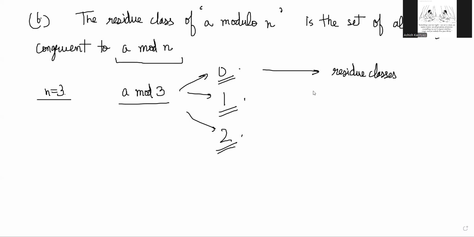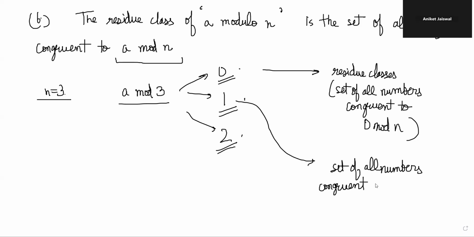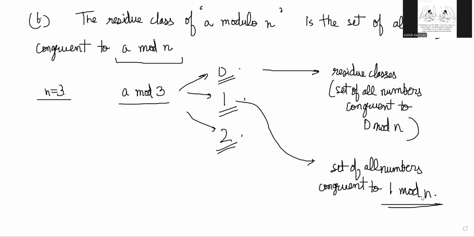Residue classes, which are what? Which are basically sets of all numbers congruent to 0 mod n. The residue class here is the set of all numbers in the form of 3k or 3k plus 1, like this, right? So all numbers congruent to 1 mod n will be all numbers that leave remainder 1 when divided by n, right?